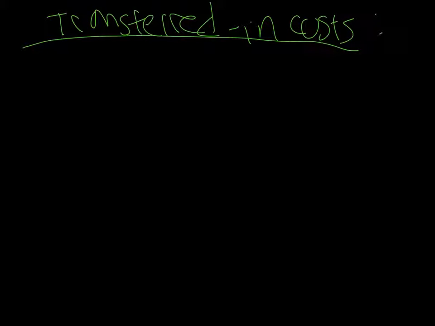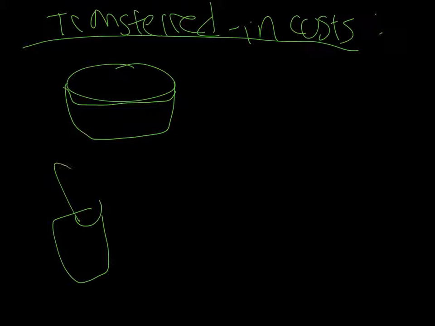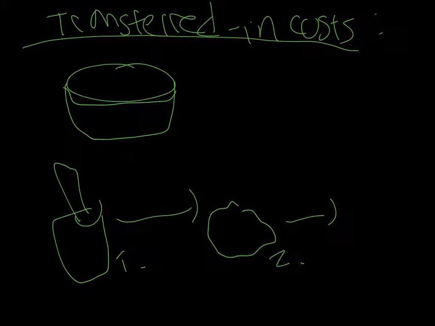For example, when creating this wonderful jar of butter, there's going to be the curding process, where there's going to be transferred costs, the first one. Then, there's putting the butter together, which has another set of transferred in costs. And then the final product, or the finished good, is the wonderful package of butter.